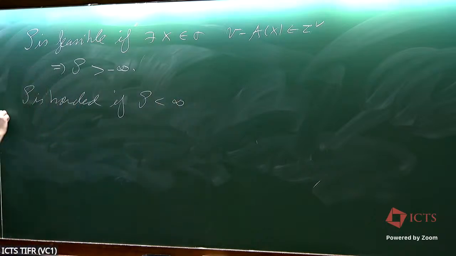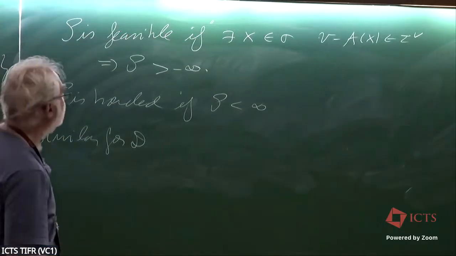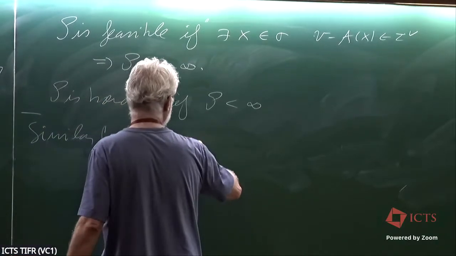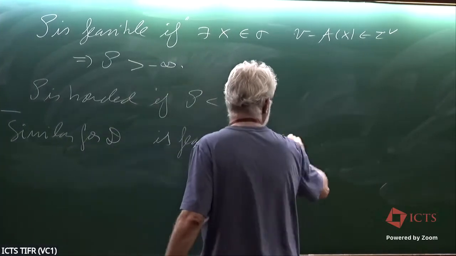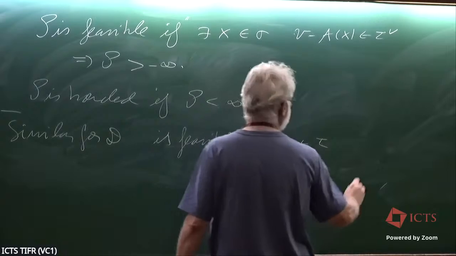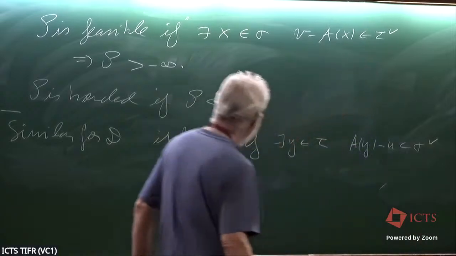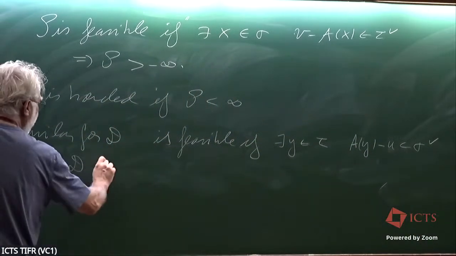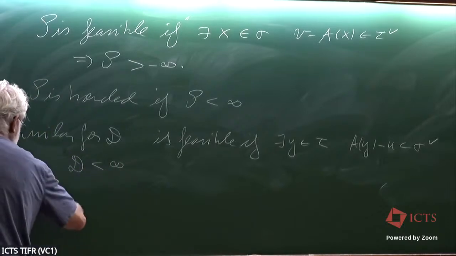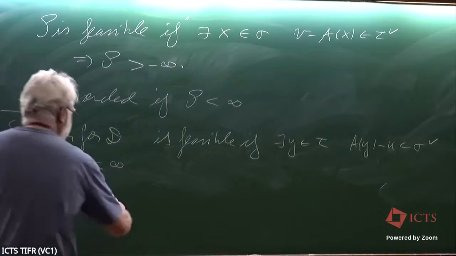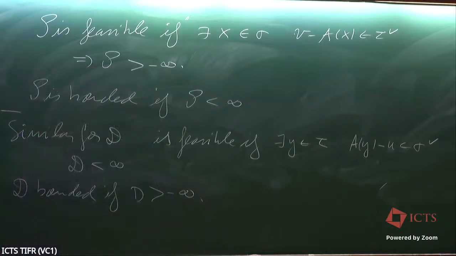And similar for D. So we'll say that D is feasible if there exists a y inside tau such that A transpose y minus u belongs to sigma dual, which implies now that D is smaller than plus infinity, and we'll say that D is bounded if D now is bigger than minus infinity, okay, because we are looking at the infimum.